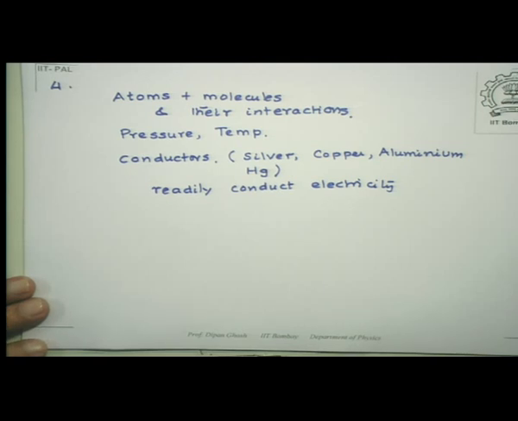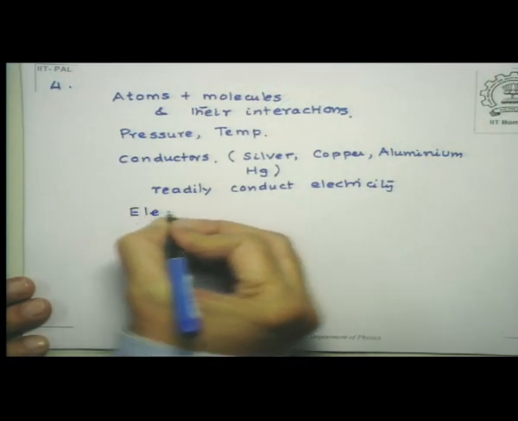So, the reason it happens is that the atoms in a conductor, they have the ability to very easily give up, and when I say very easily, it means with very little cost of energy, one or more valence electrons. And then these valence electrons, which are contributed by the atoms which comprise that solid, they all belong to the material as a whole and not to that particular atom to which it belonged.